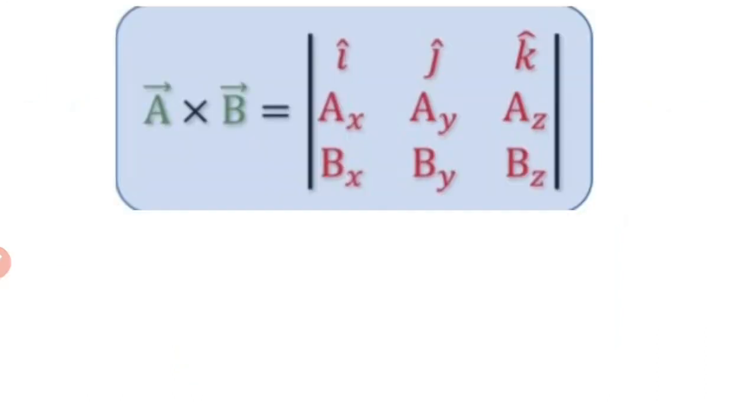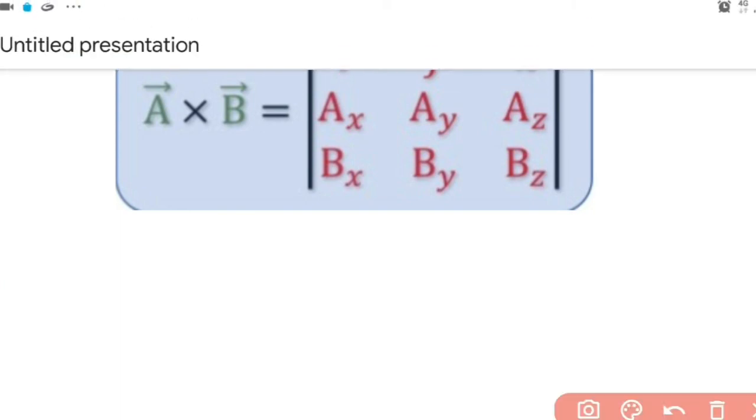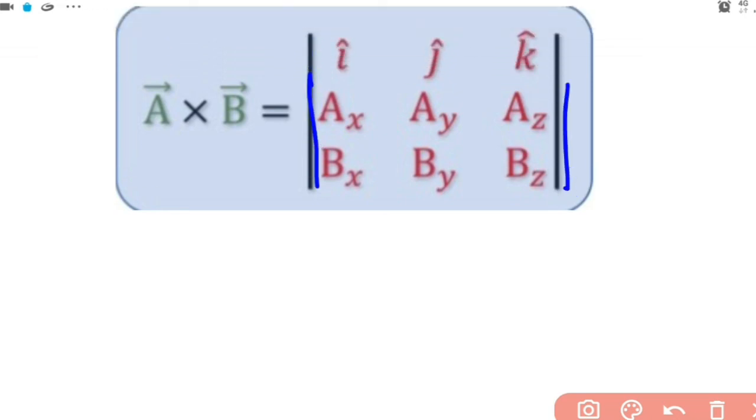Now let's discuss how to find vector A cross vector B in a simple way. So you have to first write like this, between two straight lines. In that gap between the two lines, you have to write in the first row i, j, k, which are the unit vectors.